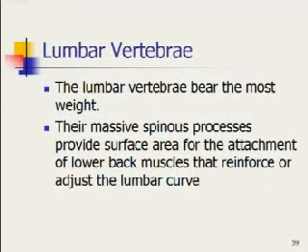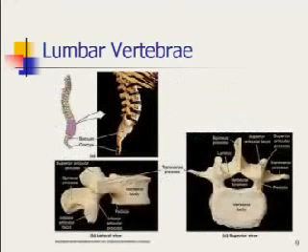Now, the lumbar vertebrae bear most of the weight. Massive spinous processes provide surface areas for attachment of the lower back muscles and reinforcement and adjustment of the lower lumbar curve. This is an illustration demonstrating to you the lumbar curve and the large bones of the lumbar vertebrae. You can see the significant mass of the vertebral body, much larger than the rest. You also can see not only a spinous process, but you also see a superior articulating facet and a superior articulating process.